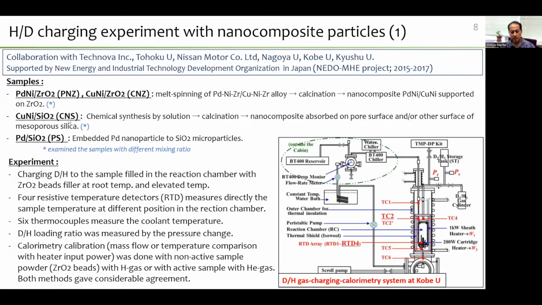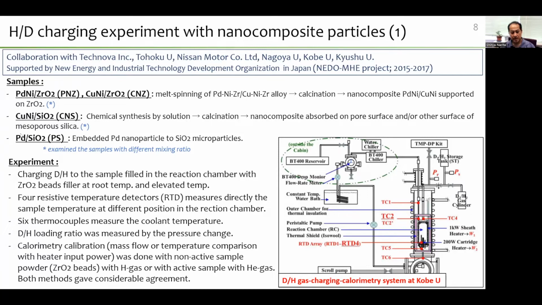This was prepared by chemical synthesis, and nano-composite absorbed on the pore surface of mesoporous silica.